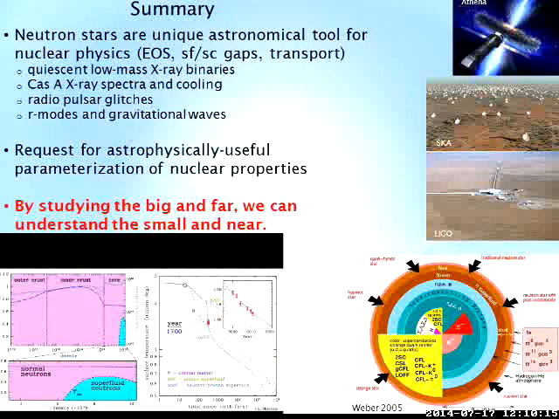The final take-home message is what I find interesting about neutron stars: they are big objects and far away, but by looking at things that are big and far away we can learn about things that are small, like nuclei, and close to us. I think that's the nice stuff.